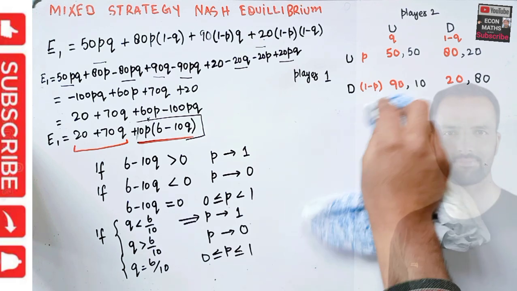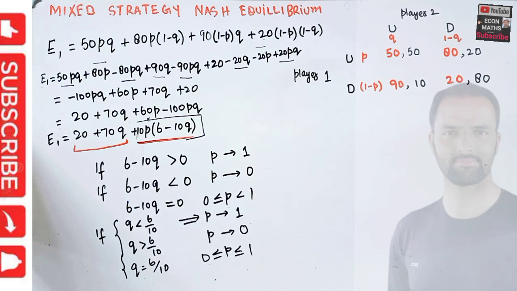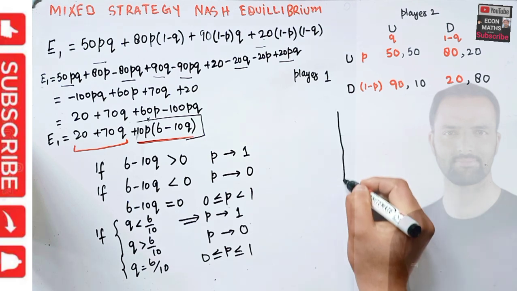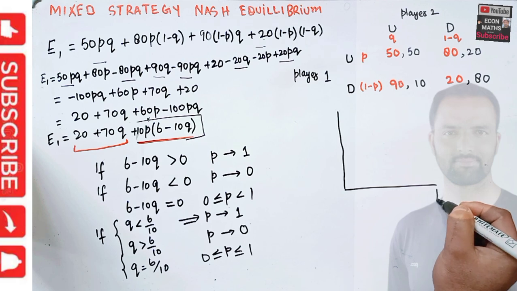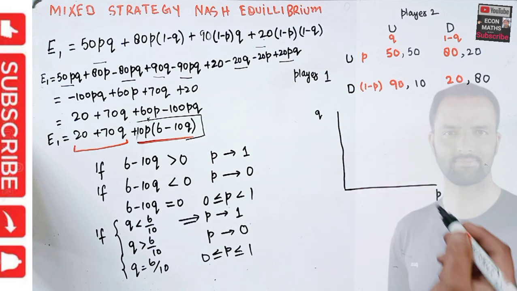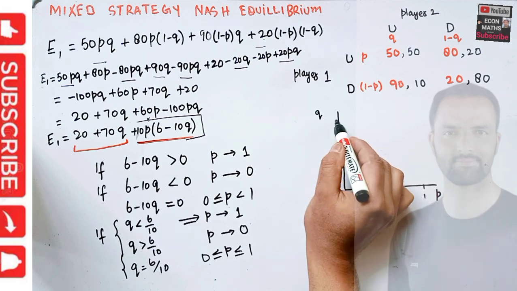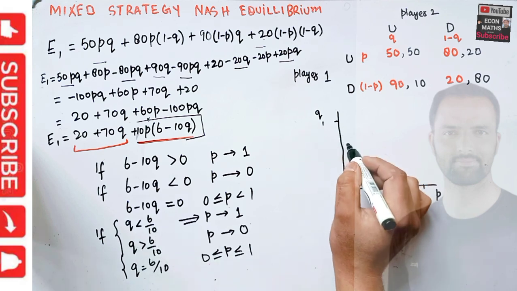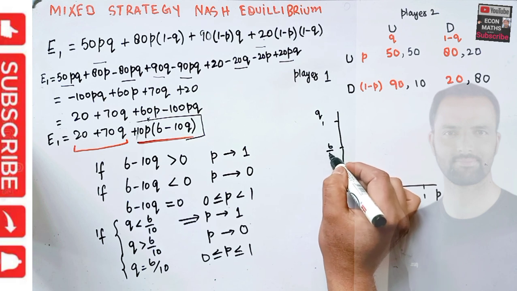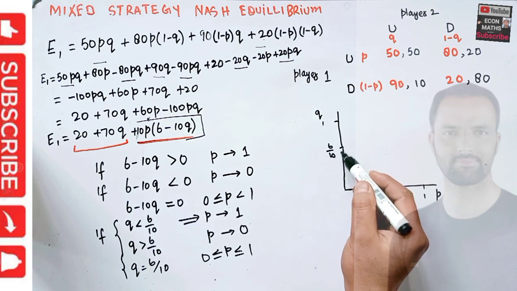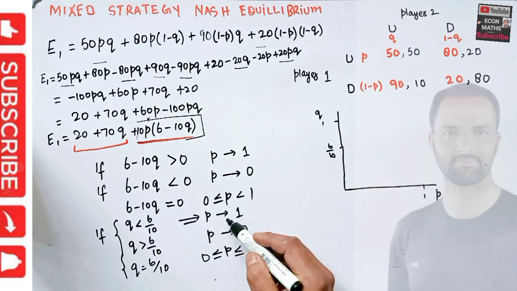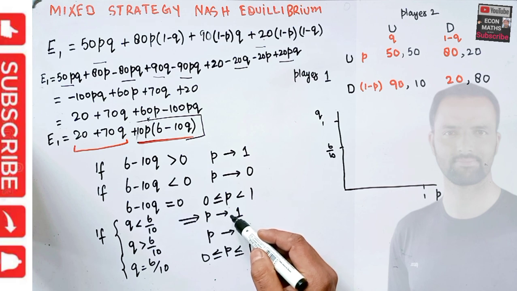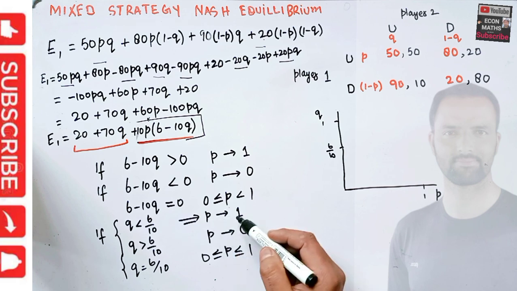So let me rub this first and try it again. So we have P, we have Q here, we have 1, 1. Whenever Q is less than 6 by 10, let us say this is 6 upon 10, player 1 will choose to play P with probability 1.